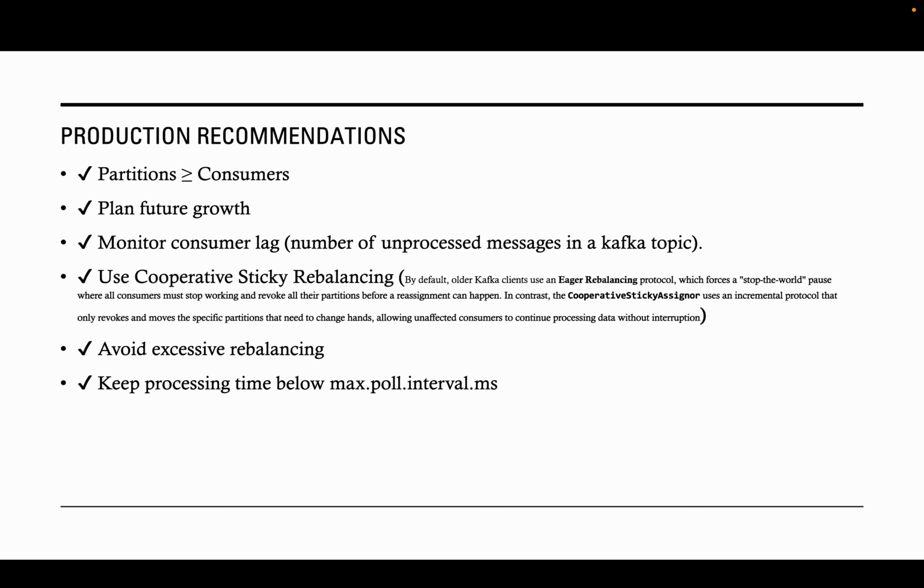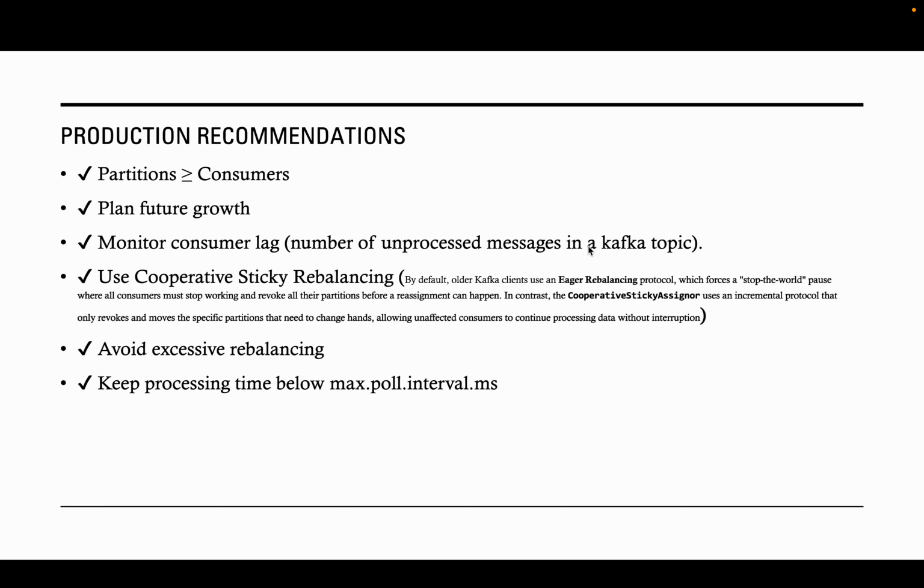Right? Now a few production recommendations. We should have partitions greater than or equal to the number of consumers. We saw that. We should plan for future growth, right? We should have a good partitions-to-consumer ratio so that our consumption is optimum. That's what we mean by plan for future growth. Monitor the consumer lag, the number of unprocessed messages in the Kafka topic.